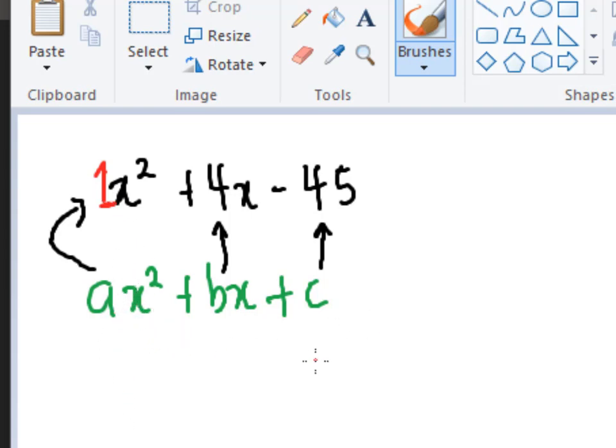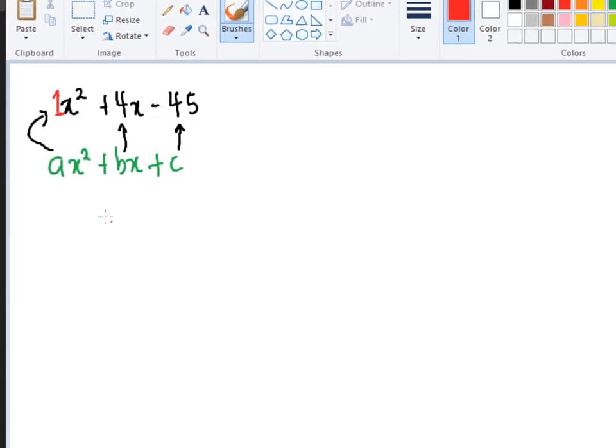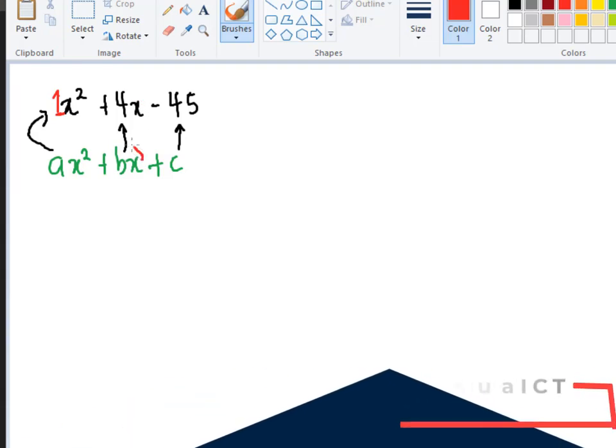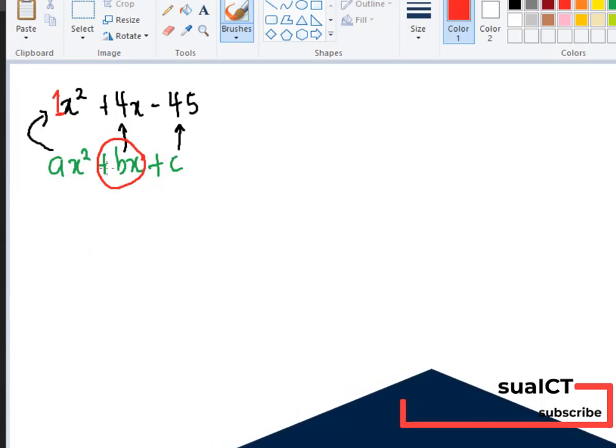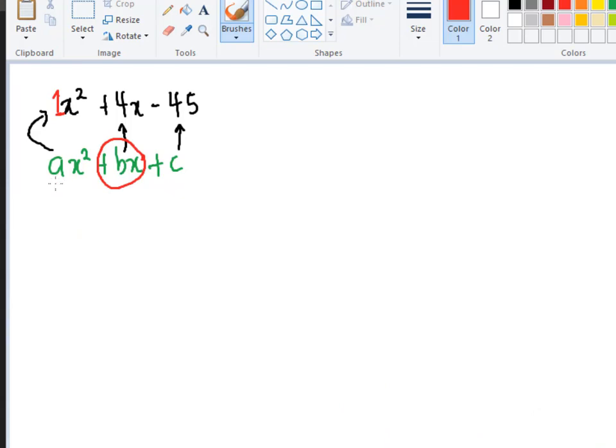With this question, the first idea for us to look at is how we can expand the bx. How do we expand it? The first step is that we take the coefficient of the x squared, which is a, and we take the value of c, and we multiply them. So a multiplied by c gives us ac.